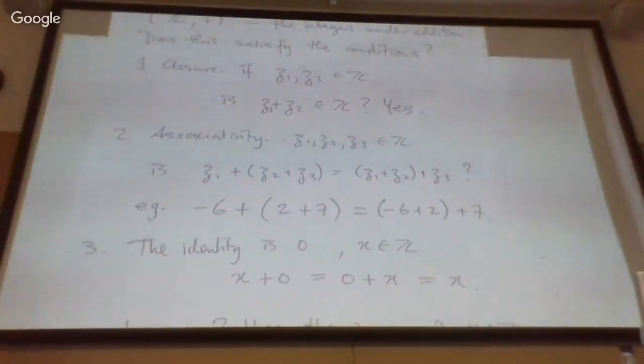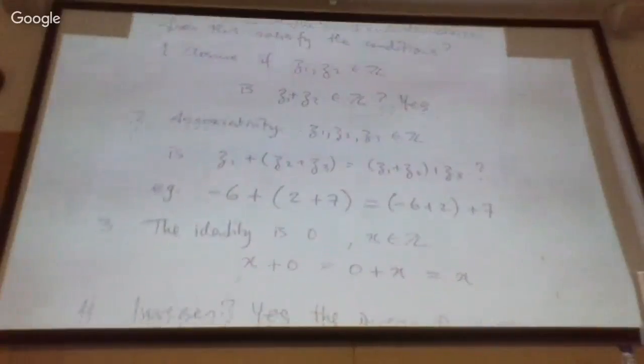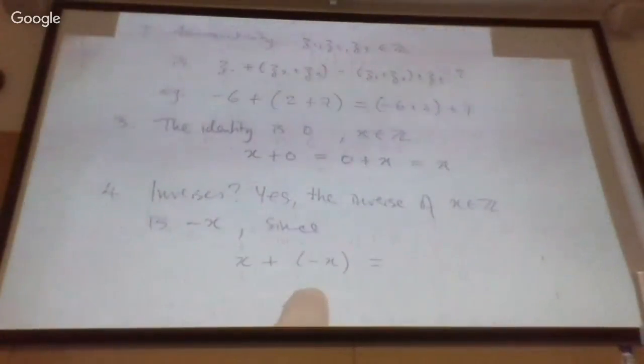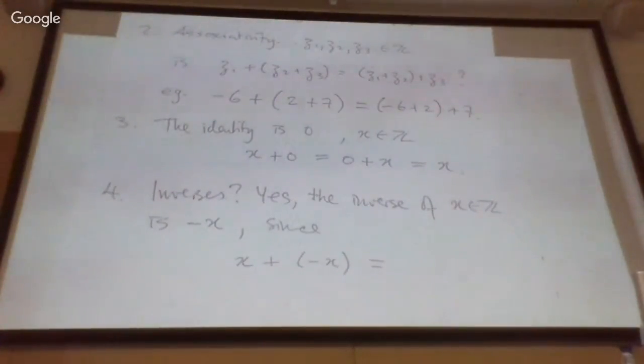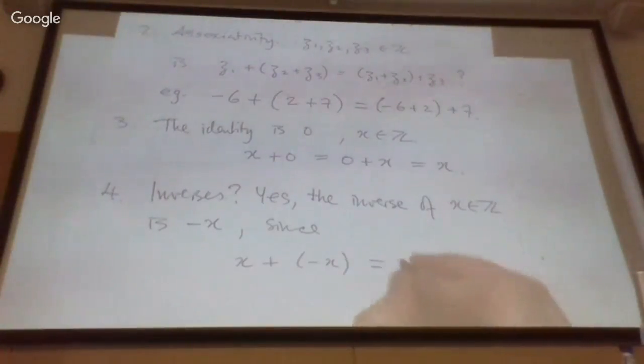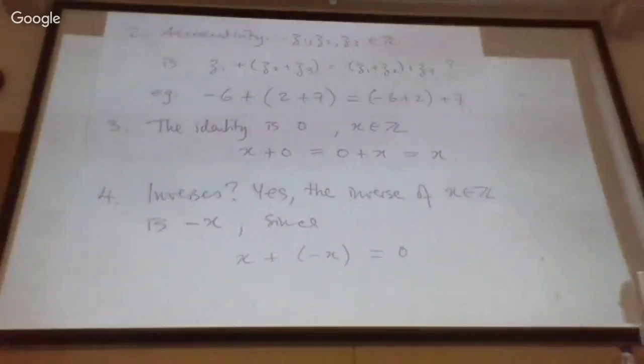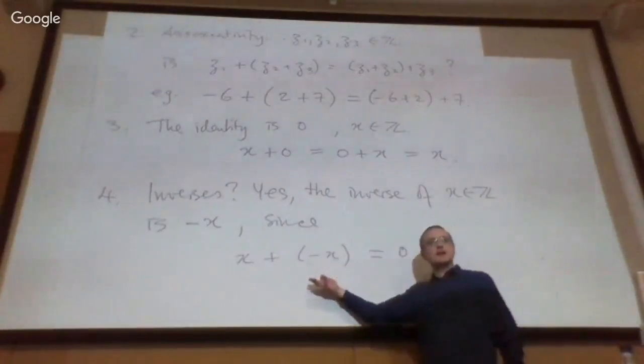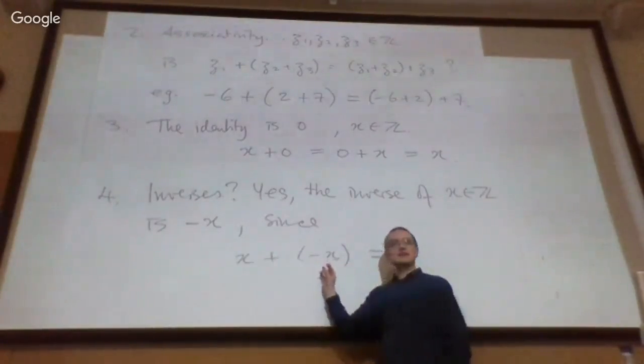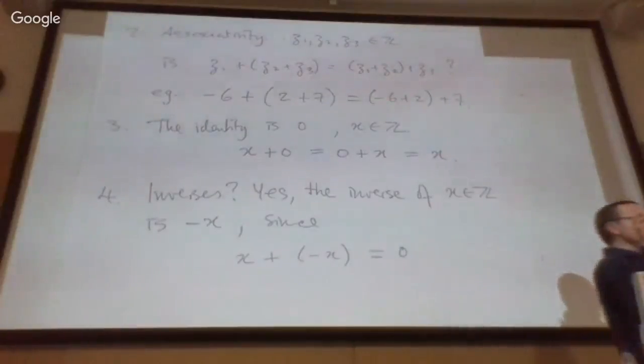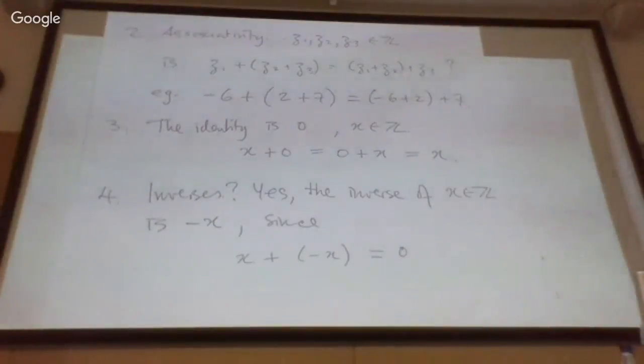If you take your x and add it to your minus x, the property that the inverse element is supposed to have is that when you perform the operation between it and its partner, you get back the identity element. And that's a familiar fact to us about addition of integers. If you add x with minus x, they cancel, and we get 0.